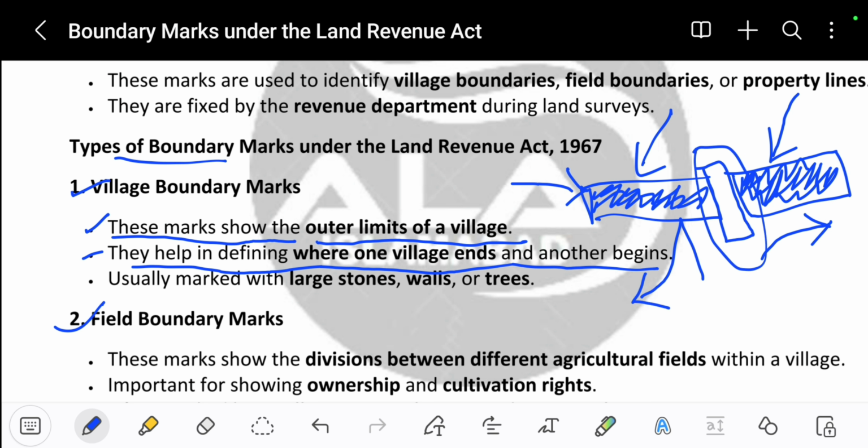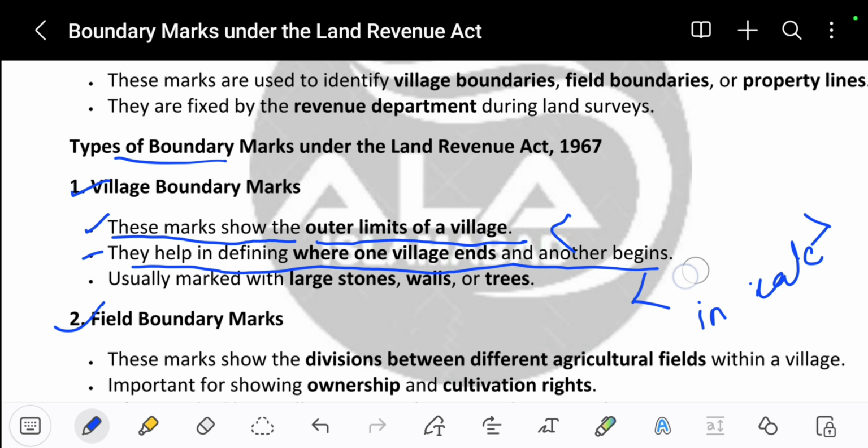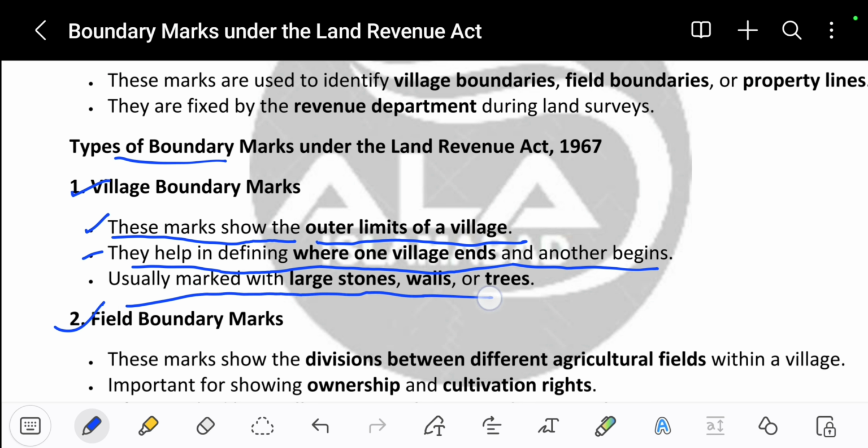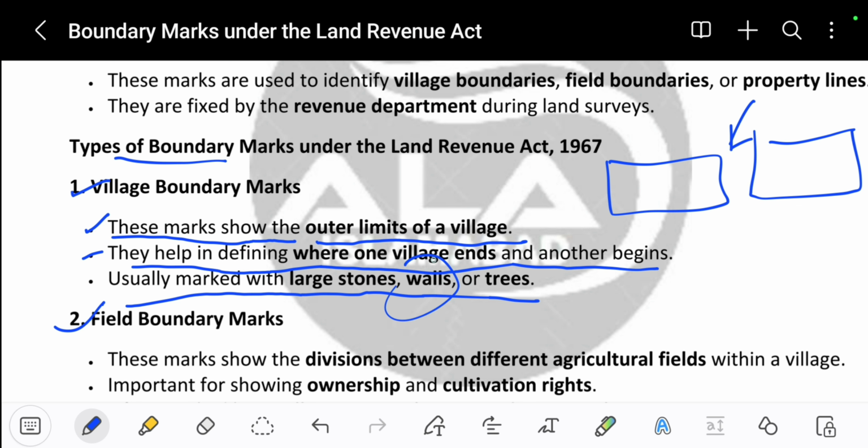But this boundary mark is an indication that this land is from one village, and this is a boundary, and this land is from another village. This is also a method to identify the boundaries of villages, usually marked with large stones, walls, and trees. So basically, these types of lands can be marked with walls, trees, or even larger stones.